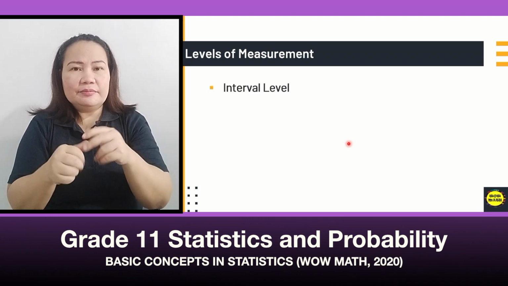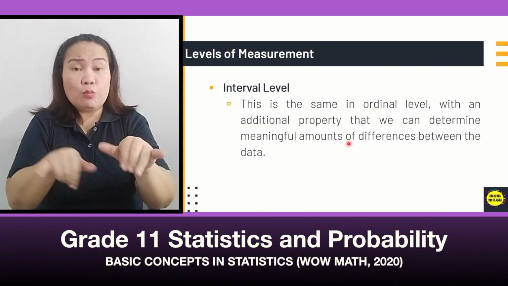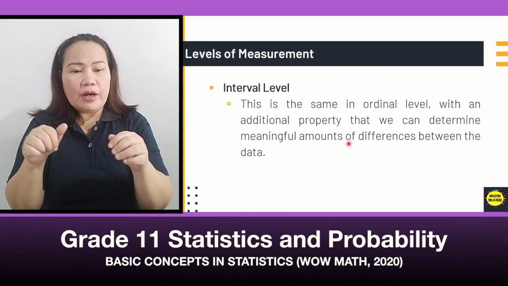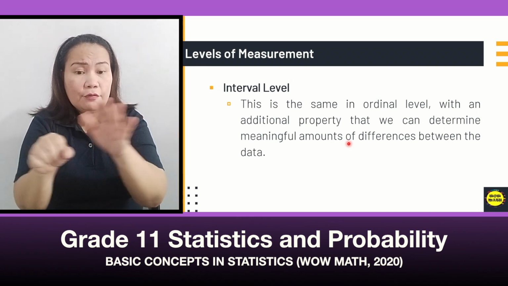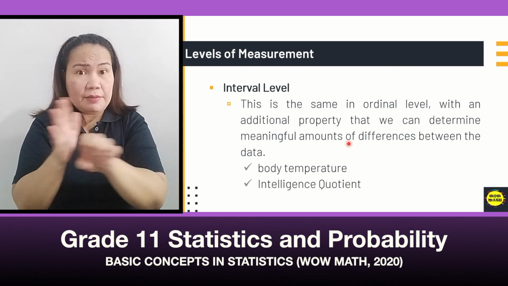Interval level. When we say interval level, this is the same as ordinal level with an additional property that we can determine meaningful amounts of differences between the data. For example, the body temperature and the intelligence quotient.